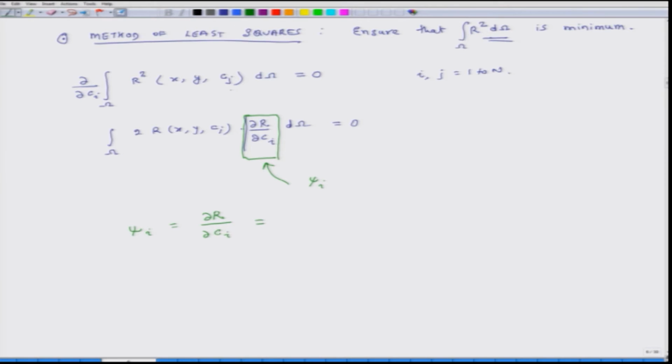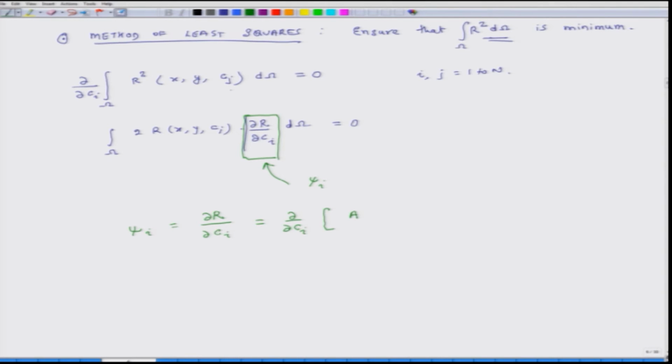I can write this as del over del Ci of the residue, which was some operator A, depending on the nature of the differential equation, a function of x, y and u.